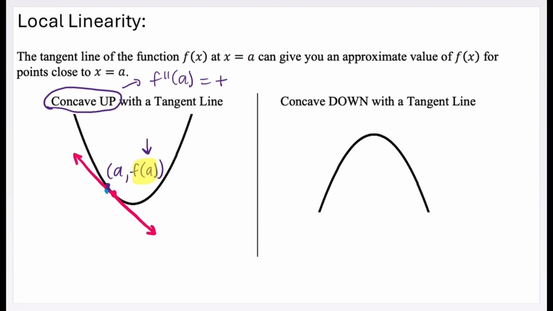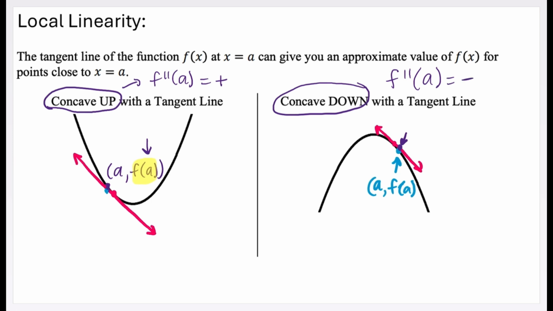Now, when you have a graph that is concave down, if you're trying to do the same thing, I have this point here, a, and I'm trying to find the output, and I know the equation of the tangent line very close to it. So I'm able to get the value on the tangent line right here. Now, if it's concave down, meaning that the second derivative is negative and the slopes are decreasing, then it's going to be an overestimate because the line is above the graph.